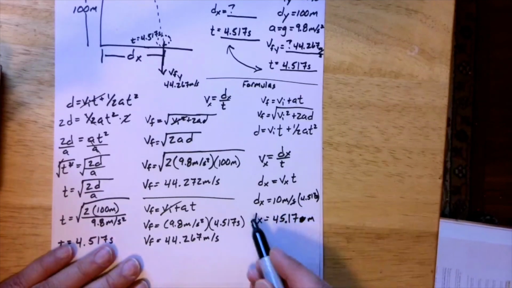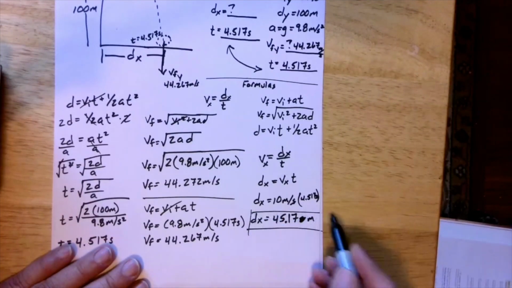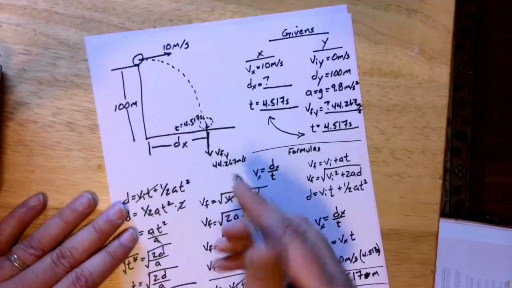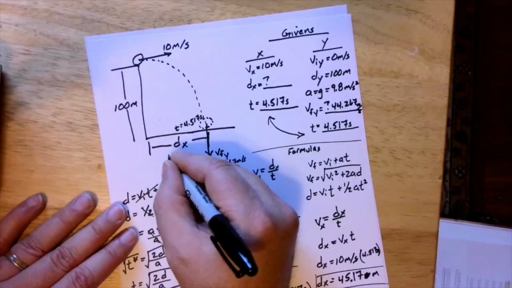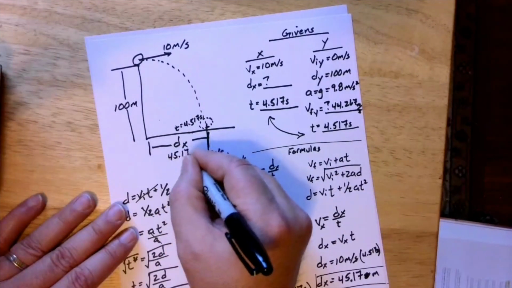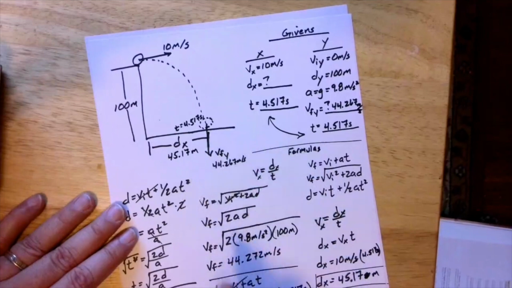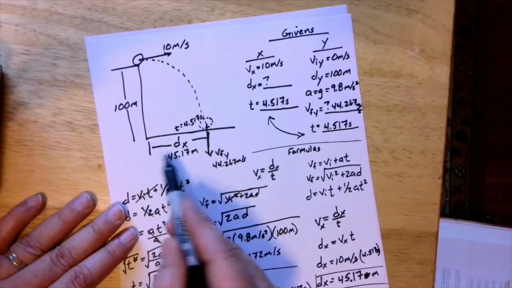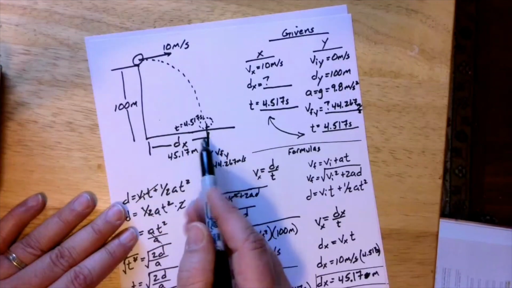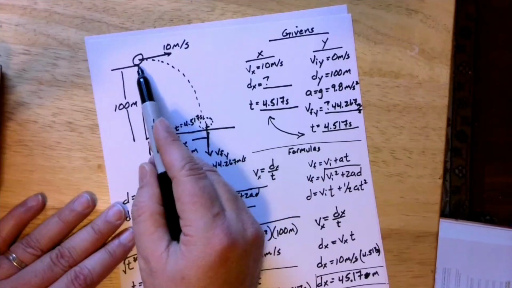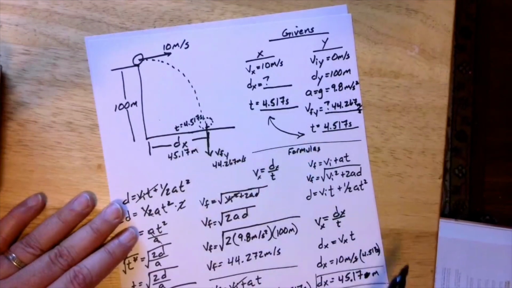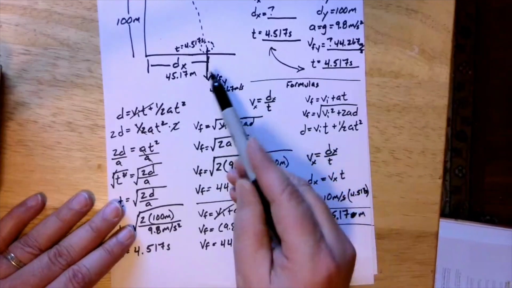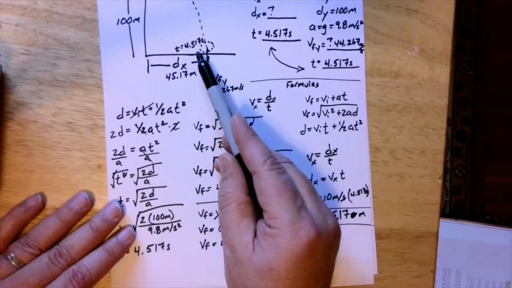Okay, so this is how far it would have traveled, 45.17 meters horizontally. So it would have dropped 100 meters. It would travel 45.17 meters if you have a projectile being shot horizontally at 10 meters per second. And it will take 4.517 seconds for it to hit the ground.